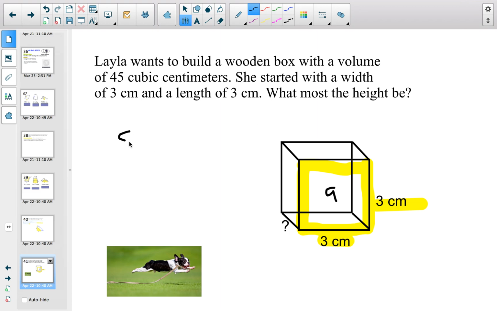Well, now we're going to have 9 times some height equaling 45. And this is where our algebra skills come in. 9 times h equals 45. Well, we have to get h all alone, so we're going to divide by 9. Now we have to keep a balance, so we put a 9 over here. 45 divided by 9, we're going to get h, which is all alone. We can put this into a calculator now. 45 divided by 9 is 5. So this question mark right here is going to be 5.